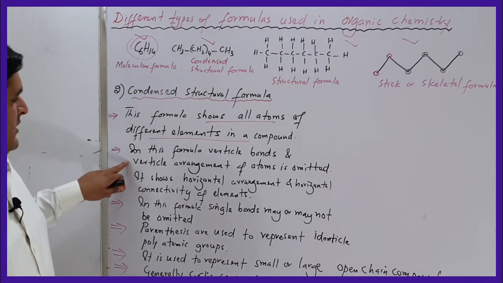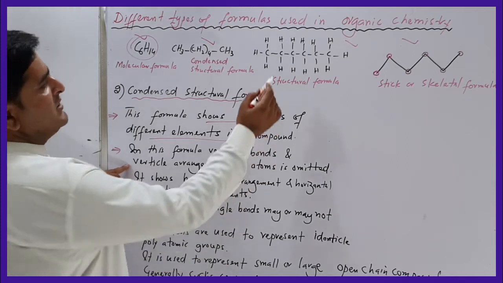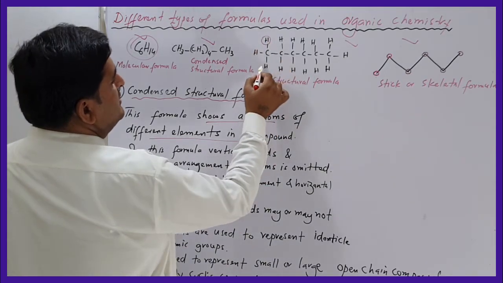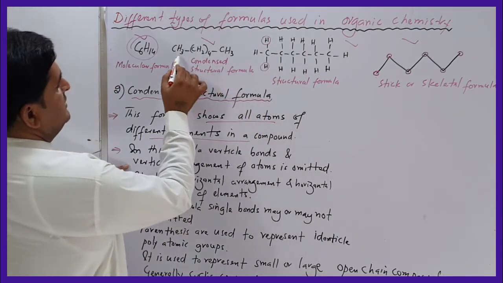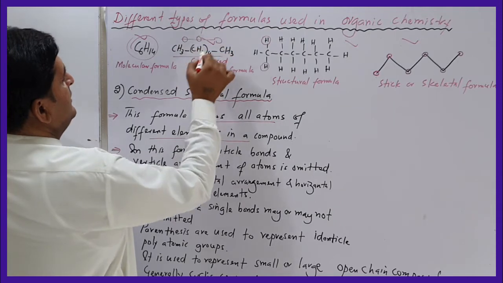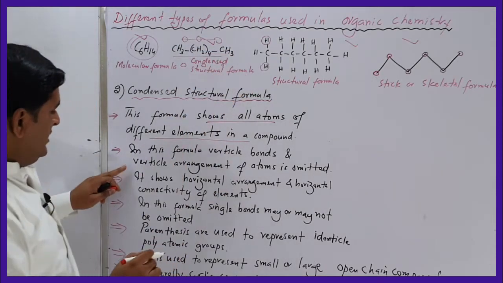In this formula, vertical bonds or the vertical arrangement of atoms is omitted. Now look at the structural formula. We see the vertical arrangement of atoms, but in this formula the vertical arrangement is missing, while the horizontal arrangement is there.